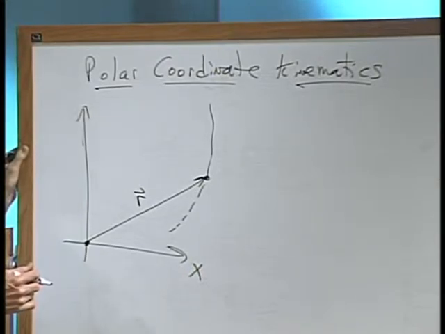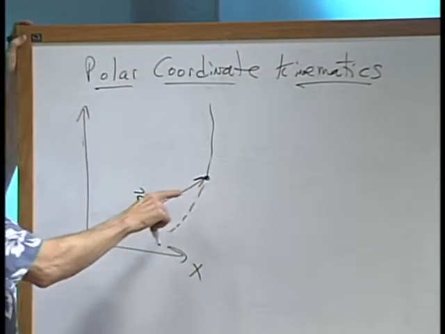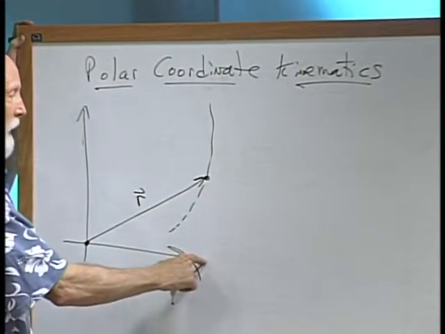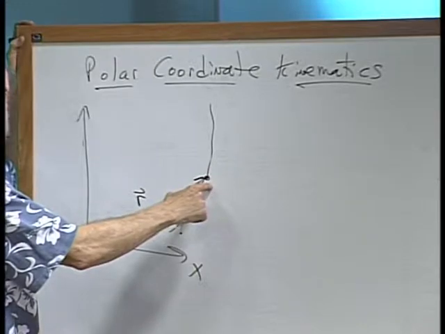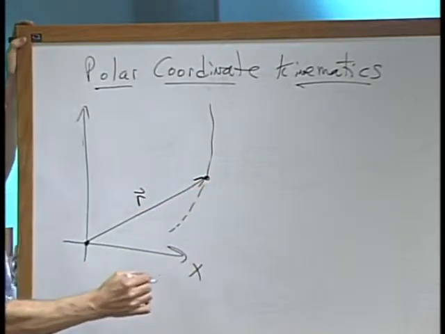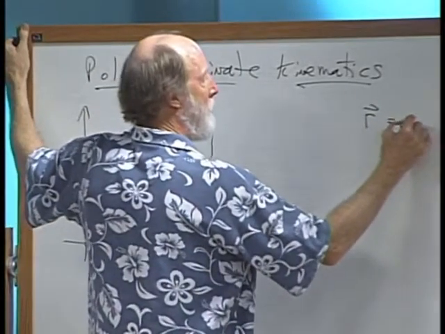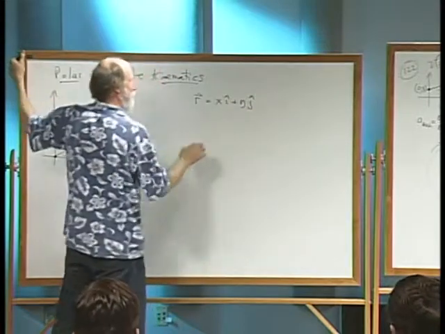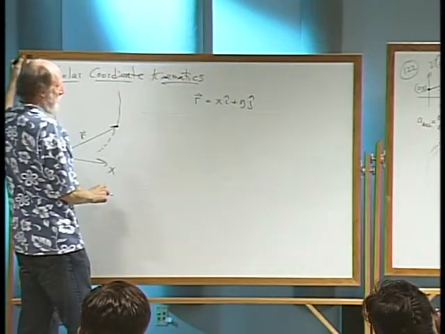And we've seen this described in rectangular form: x i, y j for that position vector. And we feel pretty comfortable with that. Right? Okay. Pretty simple.